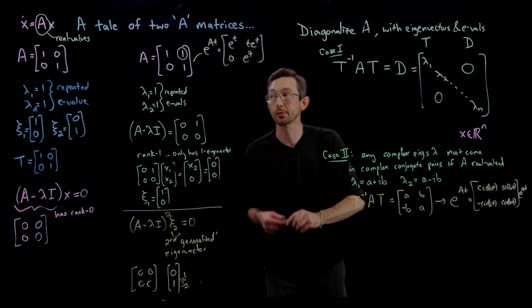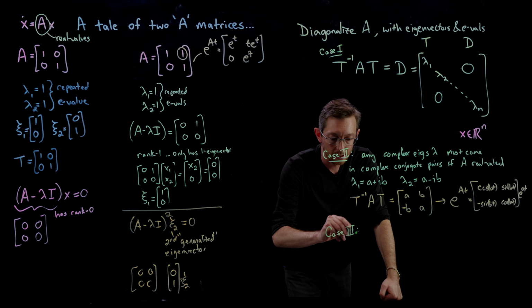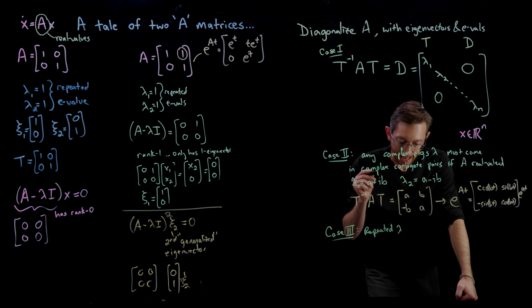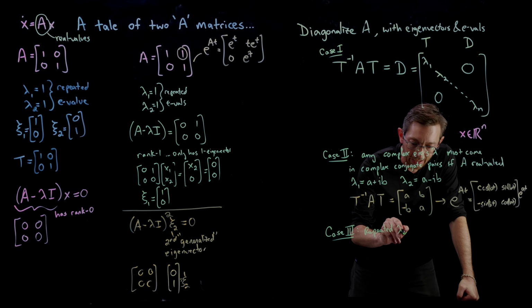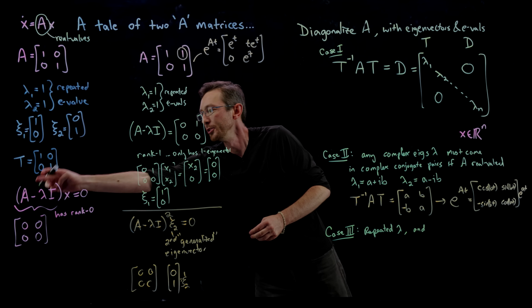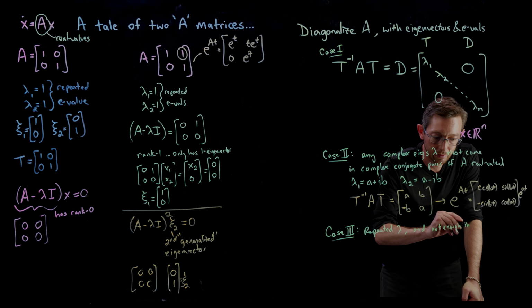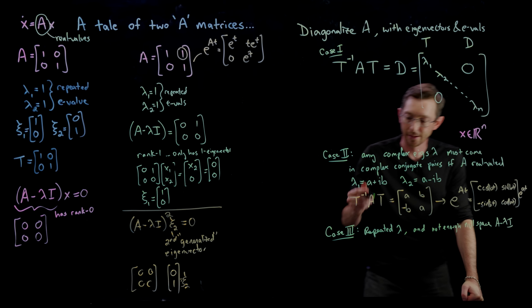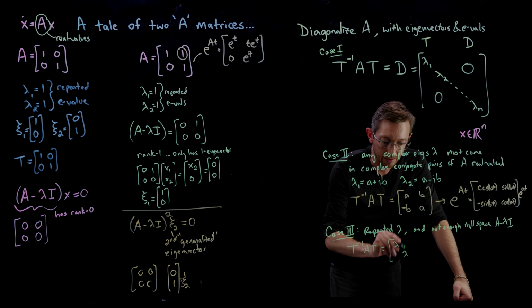Another thing you can have, case 3, is what I showed you here. Case 3 is where you have repeated eigenvalues, a repeated lambda, and not enough null space directions in A minus lambda I. And in that case, you're going to get T inverse AT equals lambda 1, 0.